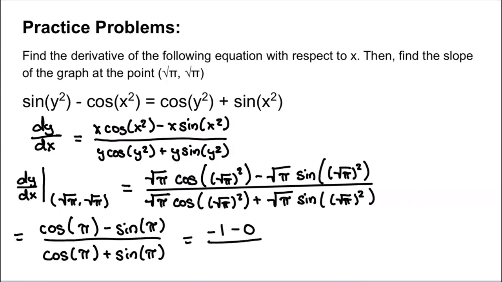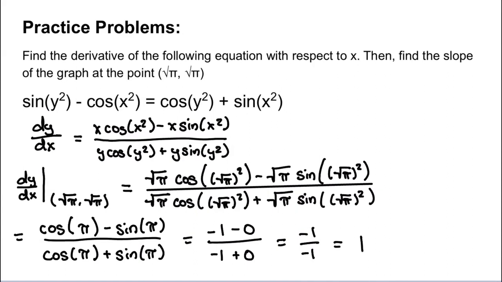We're going to go down here again. Cosine of pi is -1. Sine pi is 0. We're going to have -1 minus 0, all over -1 plus 0. So this just reduces to -1 over -1, which is simply 1. That is going to be the slope of the graph at that specified coordinate point. And we did that through the use of implicit differentiation.